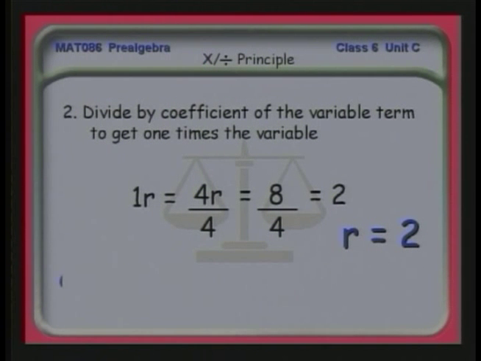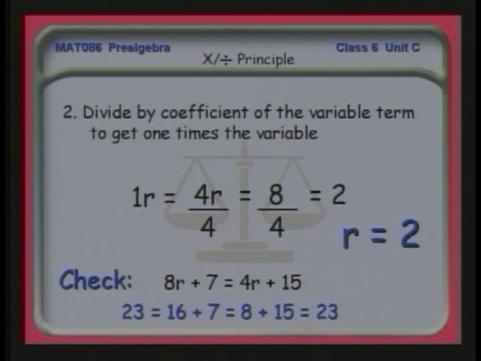And of course, I'd like to check this, and I do it by substituting the 2 in for r on both sides of the equation. 8 times 2 is 16, plus 7 is 23. 4 times 2, which I've substituted in for r on the right, is 8, plus 15 is 23. 23, amazingly enough, equals 23, so I can be sure that I've done that equation correctly.